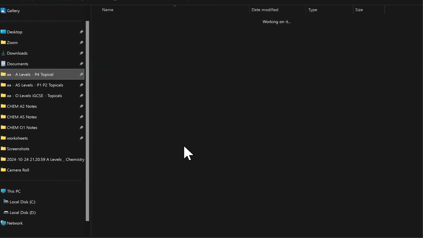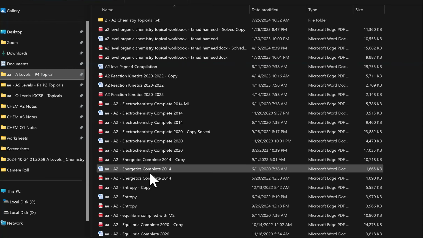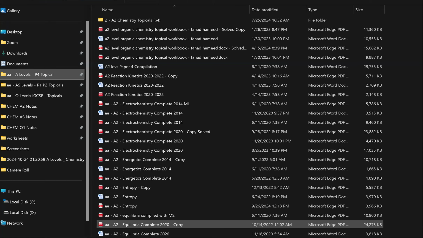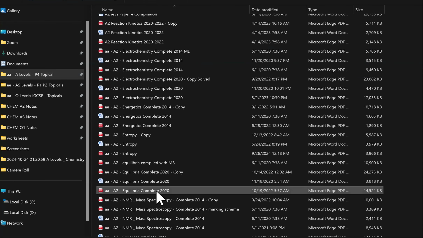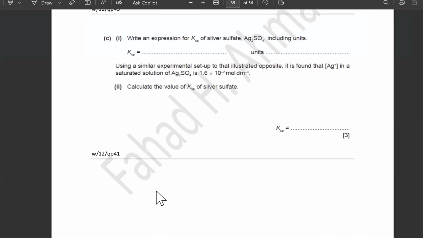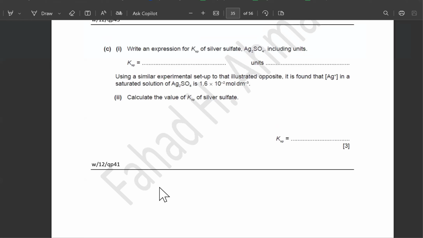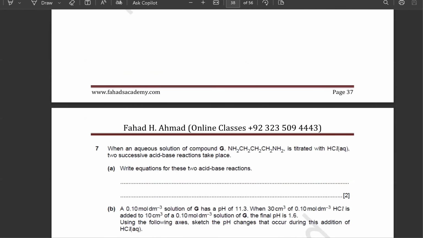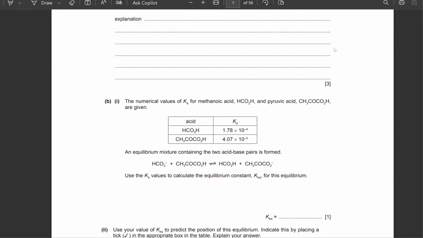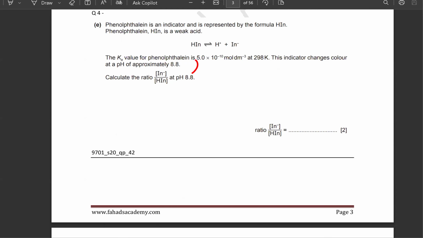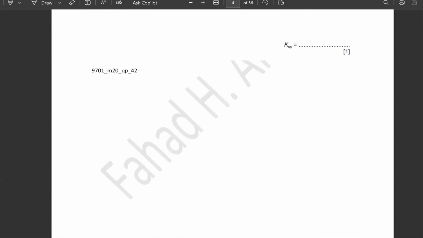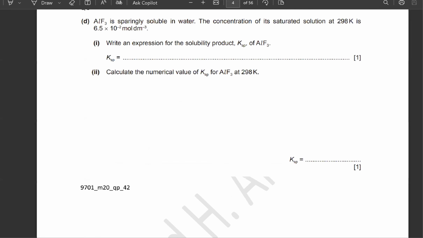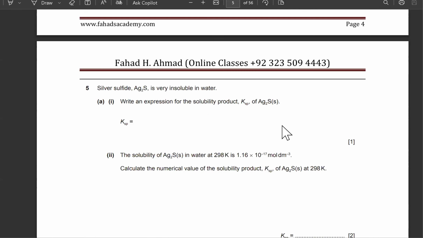It was before topical, just the common ion effect questions. That's a simple KSP question, common ion effect.